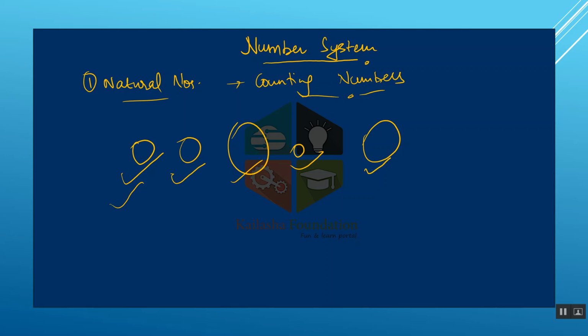We start from 1. Naturally, we start from 1. This one is a bit bigger, but we don't say it is 2.5 or something. When we count, we simply count: 1, 2, 3, 4 and 5. That's why these are natural numbers.